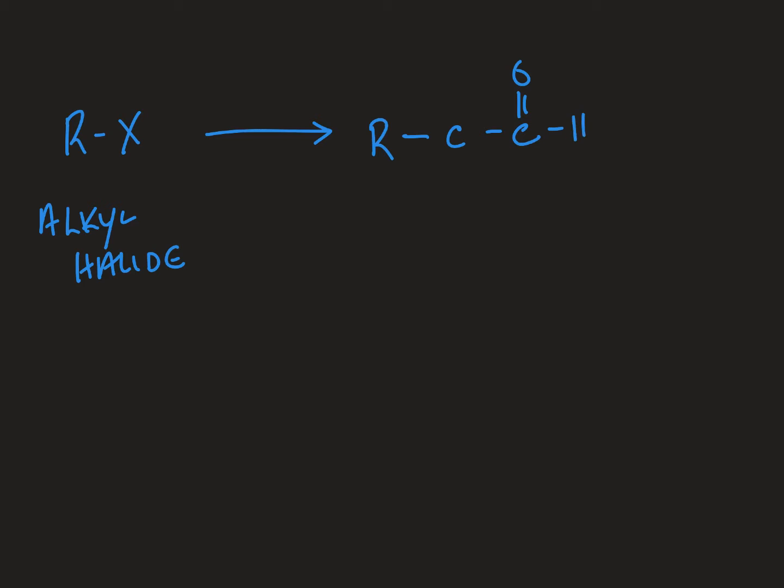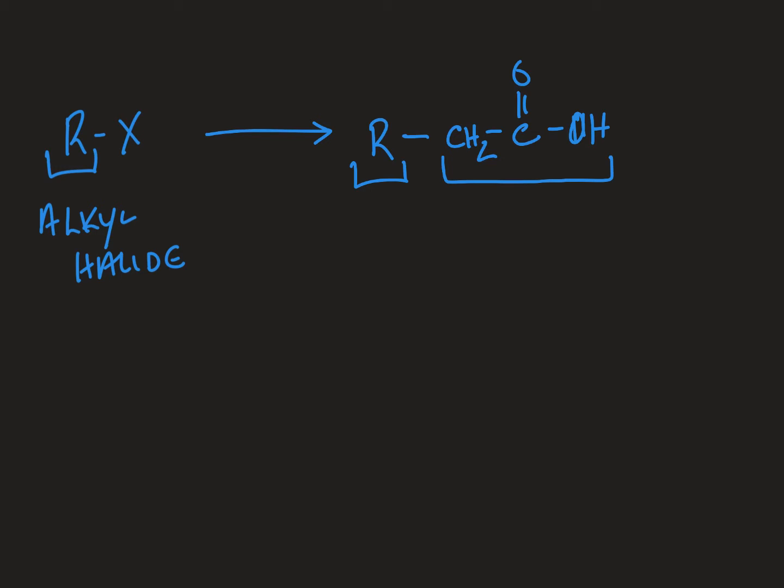So if we think about what all that means, here's an alkyl halide. We'll talk about what the reagents and the steps are here in a minute. But in the end, what we're going to have is that R group attached to 2 more carbons, and that second carbon is the carboxylic acid. So R group from the alkyl halide, and then the rest of it is the standard coming from the reagents.